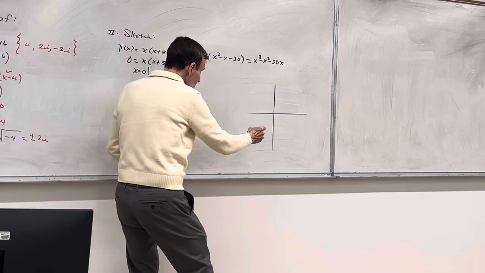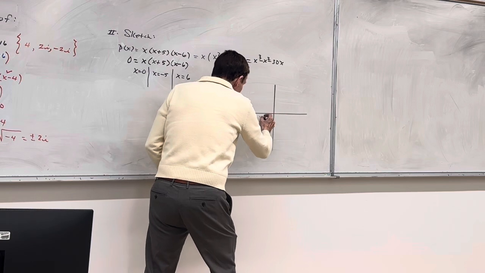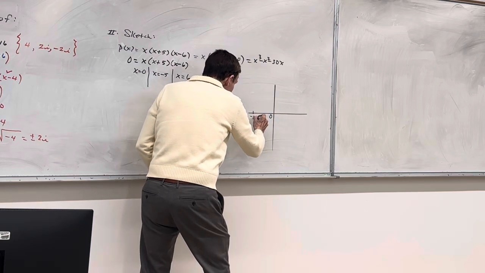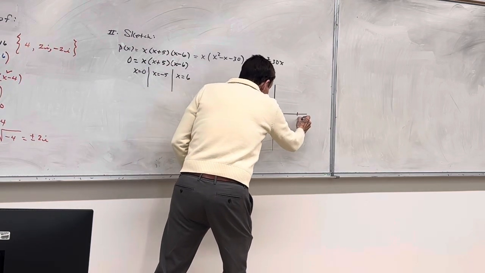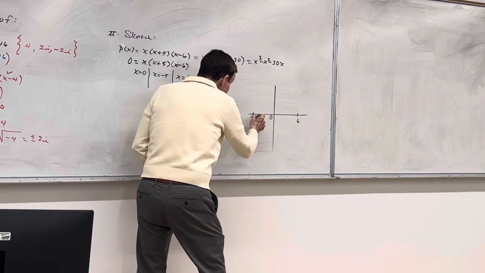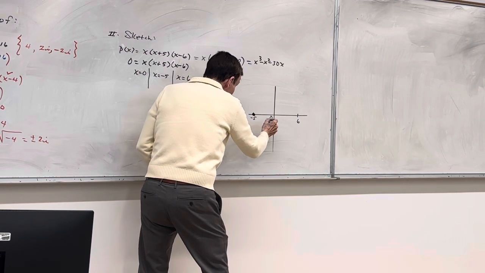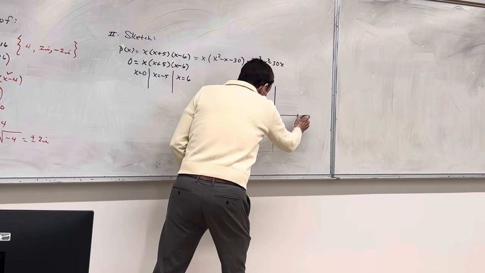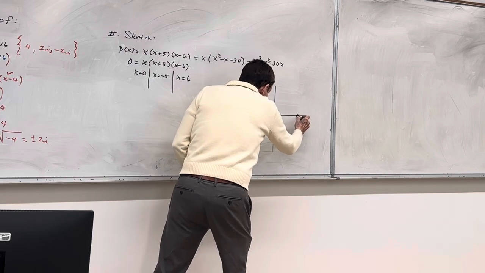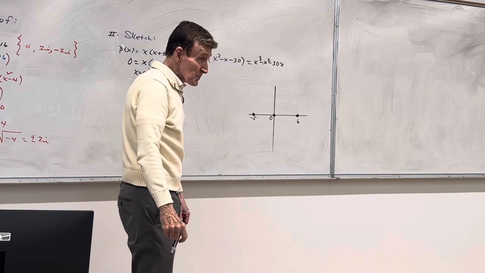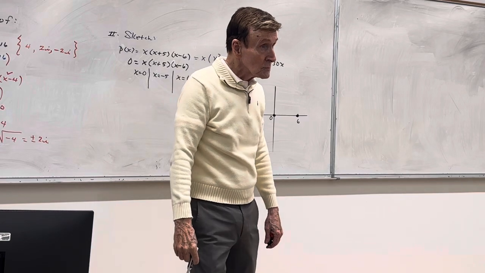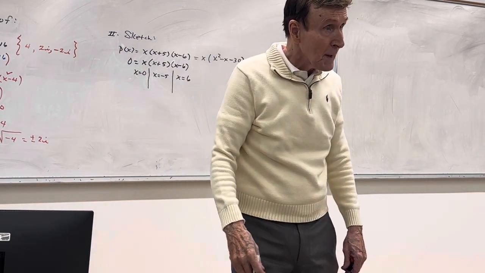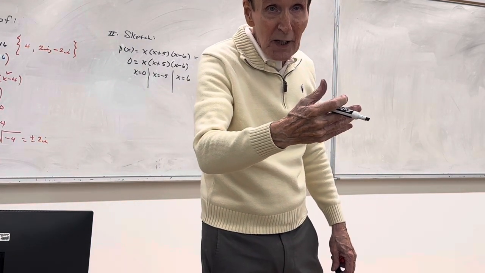So I've got 0 here. I'll just jump down here to save a little time. This is -5. You go up here and say this is 6. And mark those right down. The graph that I'm looking for must go through or touch those x-intercepts. Those are my zeros.